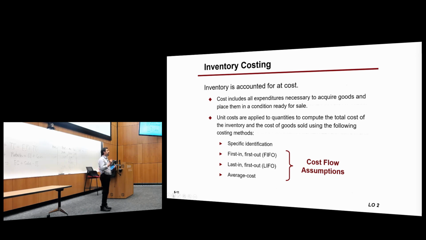If they know exactly which TVs they sold, can they actually know exactly the cost of each item? Yes. That will be easy. Okay? That will make sense. Say that, for example, you have TV 1, product 0001, product 0002, and you know the cost of each product. When you sell TV 002, you allocate the cost of TV 002 as cost of goods sold, right?